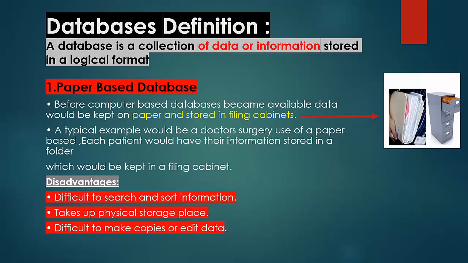In the beginning, we need to know the definition of the database. A database is a collection of data that's stored in a logical format. This is before the database being a computer database. At the beginning, it was data or information stored in a logical format. This data can be paper, can be a lot of documents.